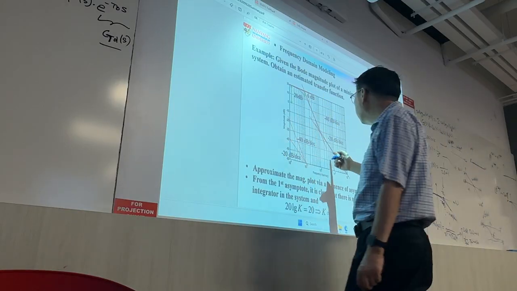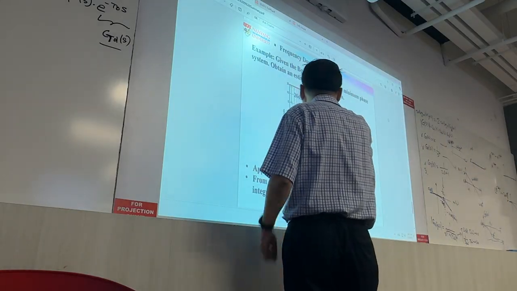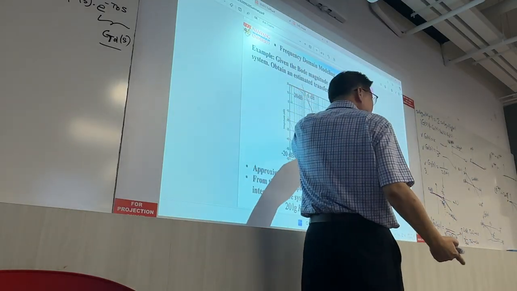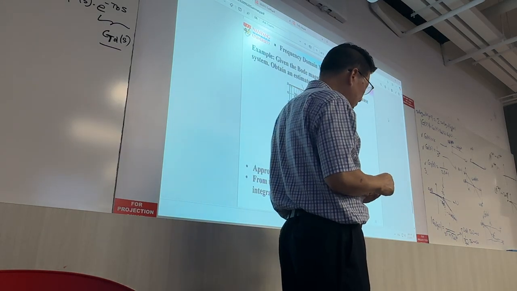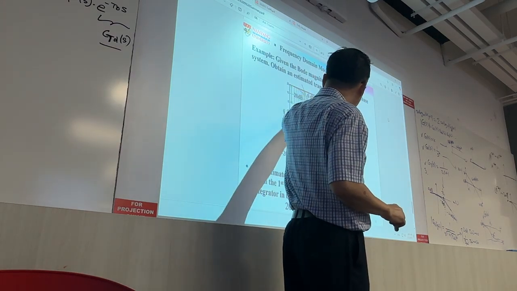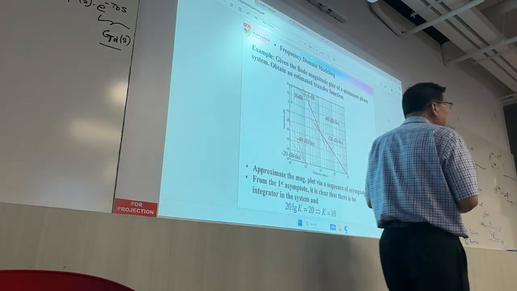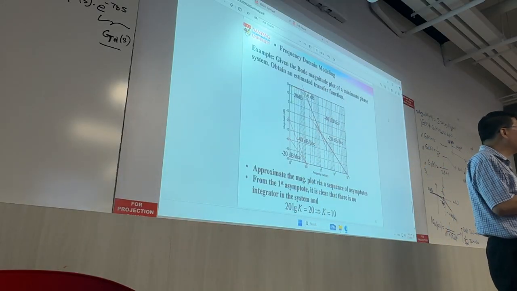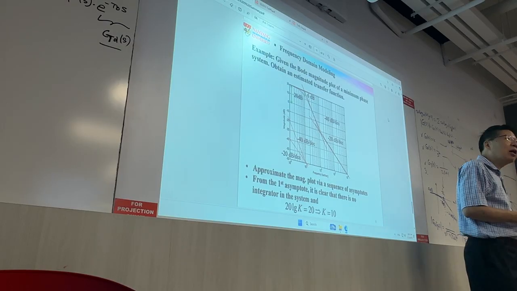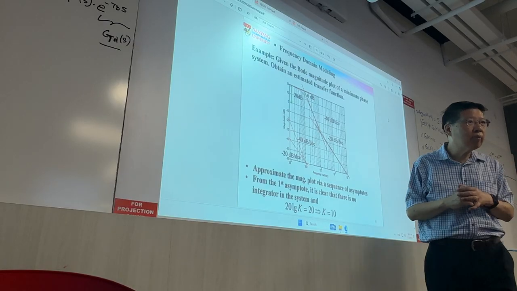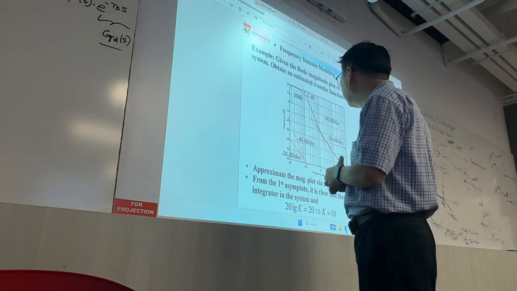So this is the Bode plot. The continuous one is the Bode plot we obtain, and that is the real thing. And then from this, are we able to derive a transfer function? Now, once we understand where the Bode plot is coming from, then we are able to.